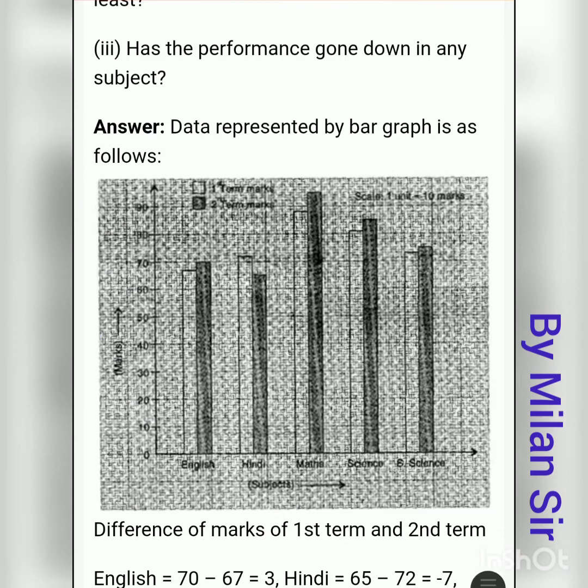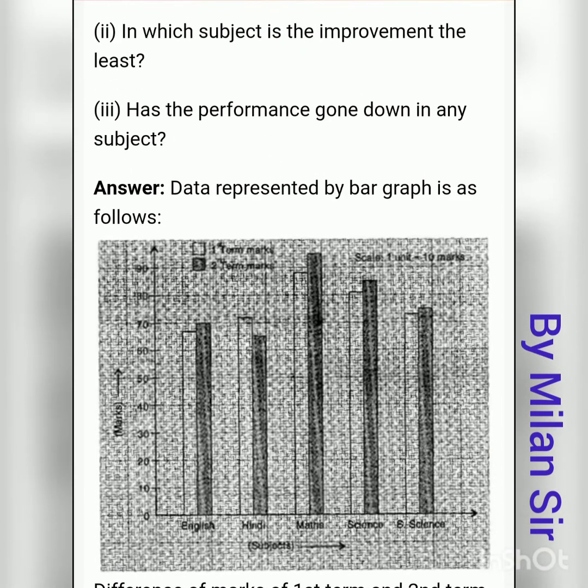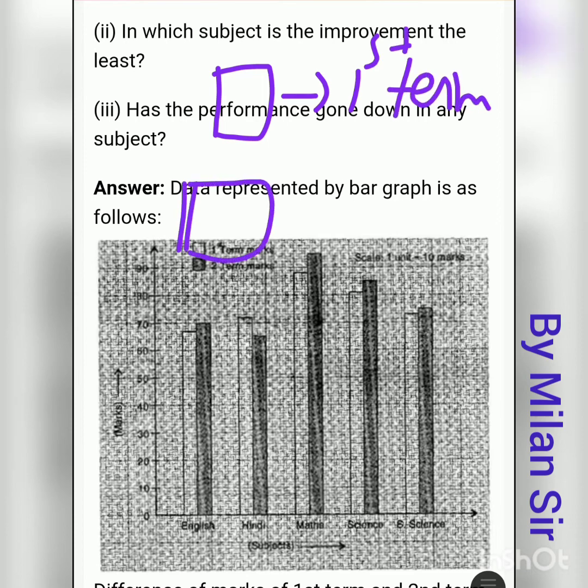First of all, you need to select the pattern for first term and second term. Here we have one box, in which we need to write this. The blank box we can use for the first term, you can take any design. And the second column, the filled-up box, will represent the marks of the second term.